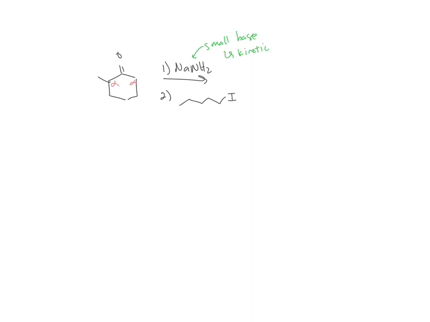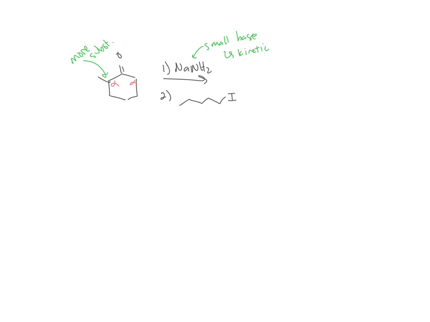So if I look here and here, it looks like that's my more substituted spot. That's the H that we're going to take off, right? Because it's small, so the difference in those transition states is not as big. These are reversible acid-base reactions.